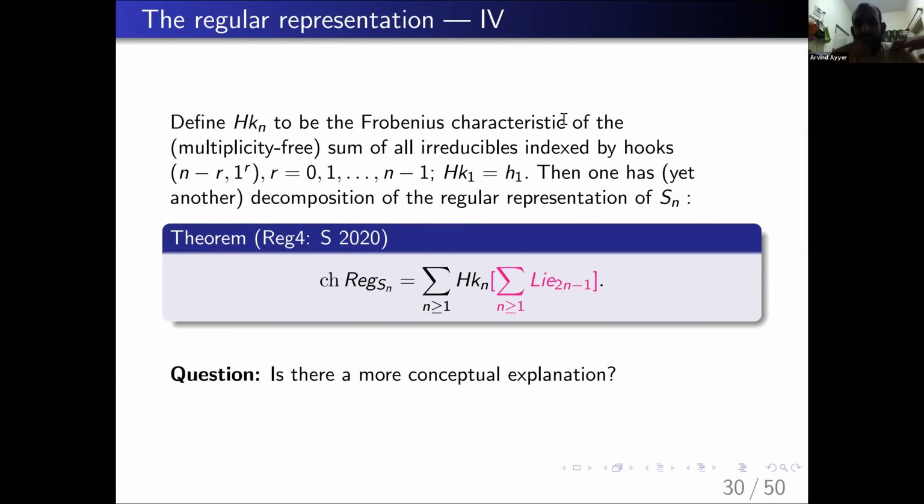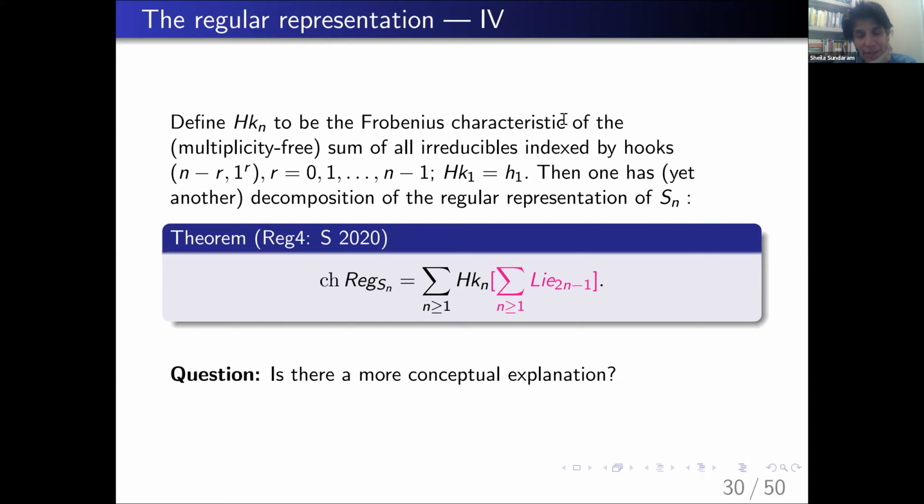So this is very specific. The outside factor is the hooks. So these are actual modules, right? If you wrote this out in terms of GLN modules, what am I doing?